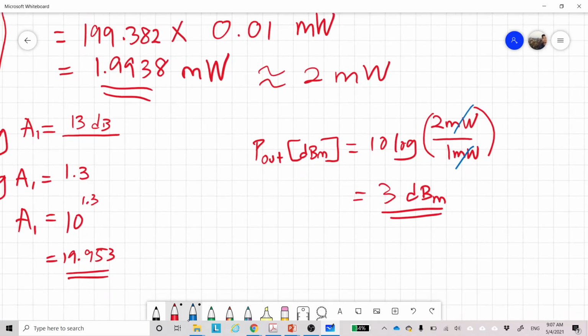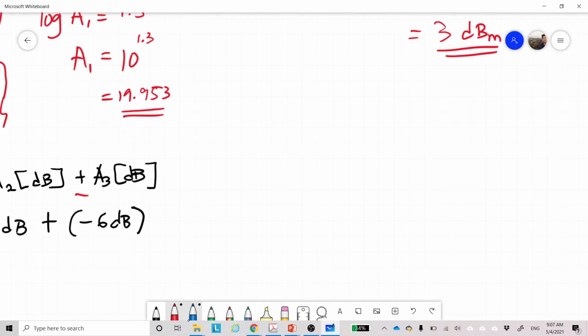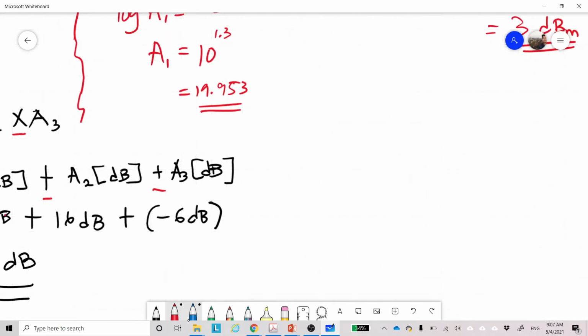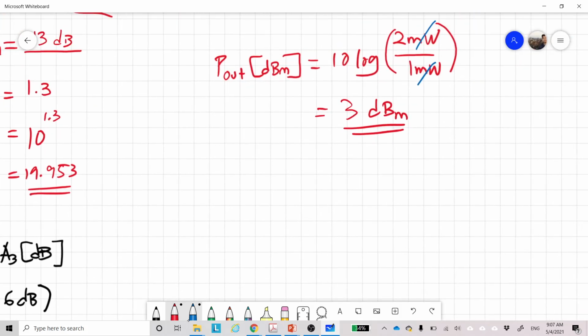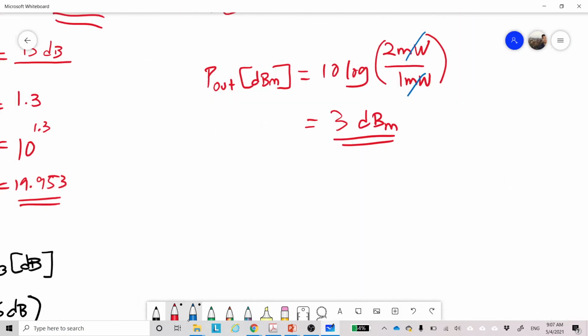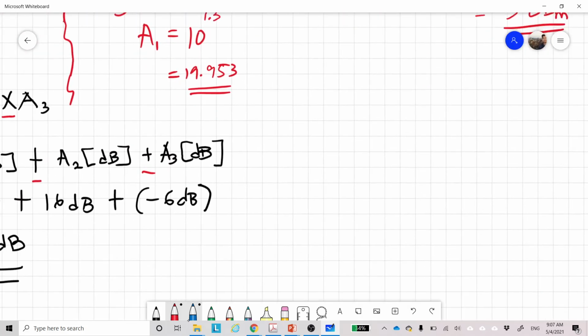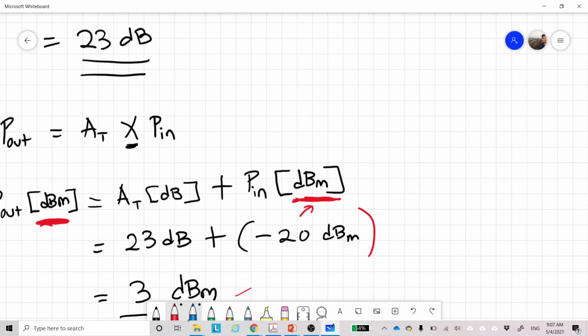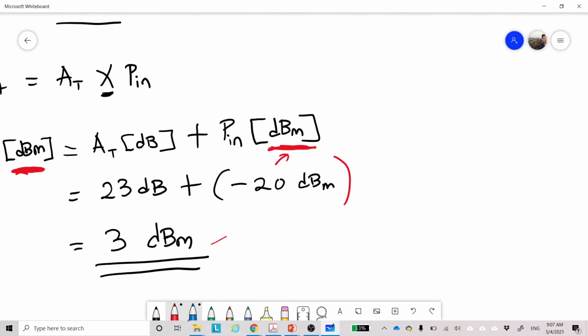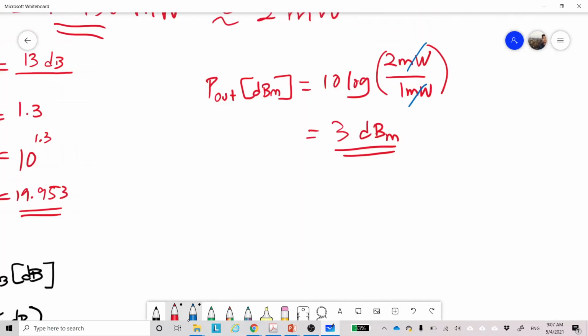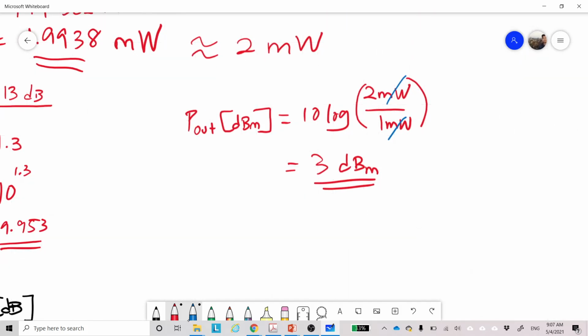Boleh, 3 dBm, or it is actually 3.01, dia 3.01 sebab tadi saya bundarkan so I assume 3 dBm. Okay, so 3 dBm is the same as this one. So jawapan yang kamu kira adalah betul, 3 dBm. Here also we get 3 dBm.